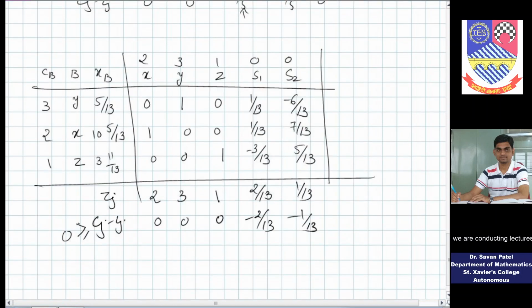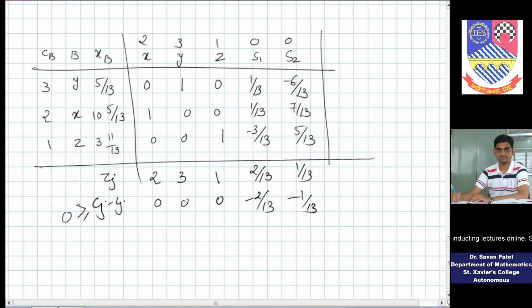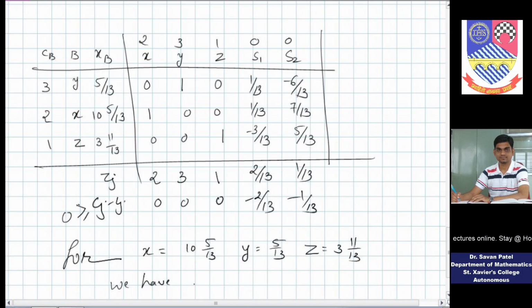Our optimal solution is arrived at x equals 10, 5 by 13, y equals 5 by 13, and z equals 3, 11 by 13. For these values, we have the optimal solution of the given linear programming problem.